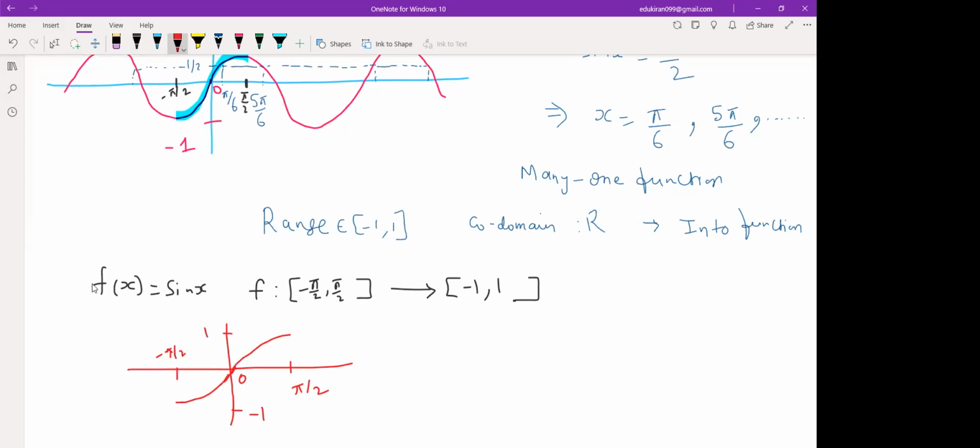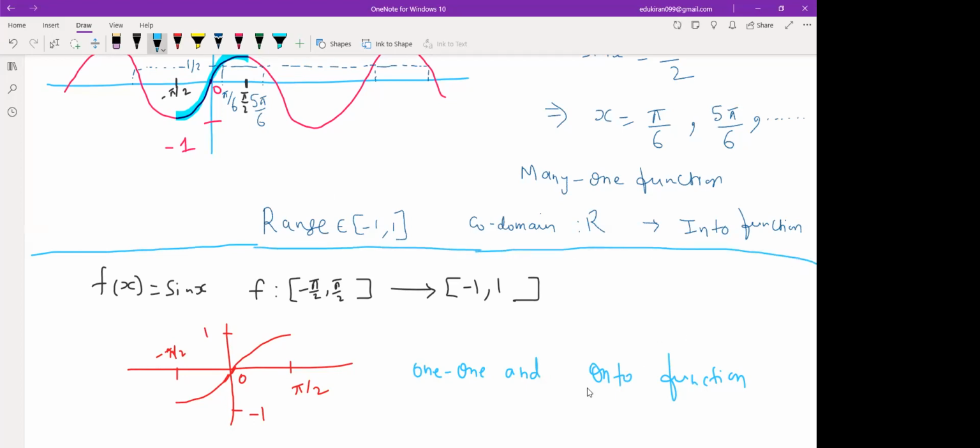So we are defining f(x) equal to sin x in this region only. Now this changes into a 1-1 and onto function because values are not repeating and its range is the same as the codomain. So this is the change we will make in the normal sine function, and we'll say that it is a bijective function now.